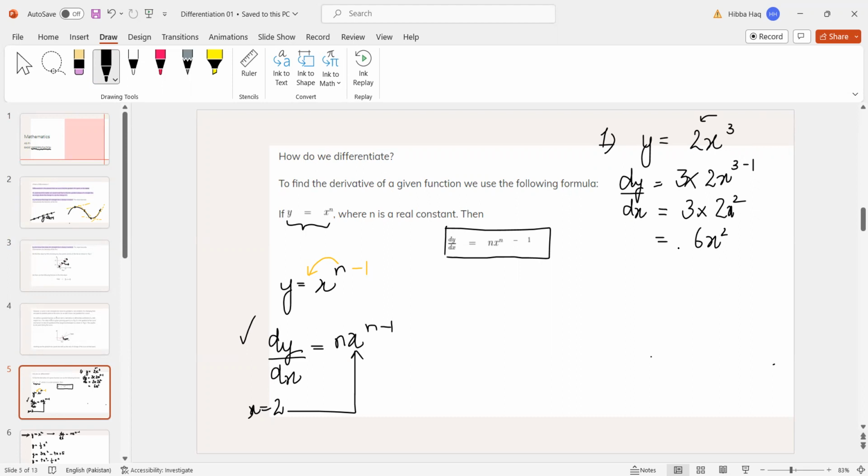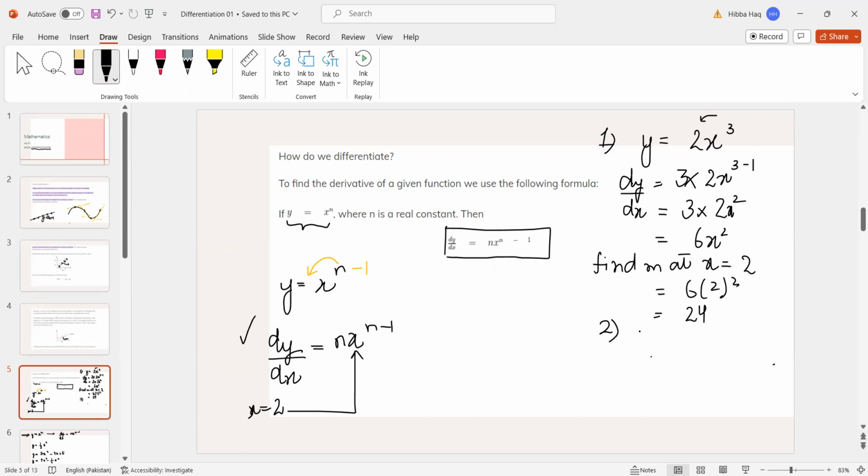So this is how you apply differentiation. Now, if they ask you to find the gradient at x equals 2, you just take this expression and substitute x as 2. This gives you 6 into 4, that is 24. So the gradient is going to be 24 at x equals 2.